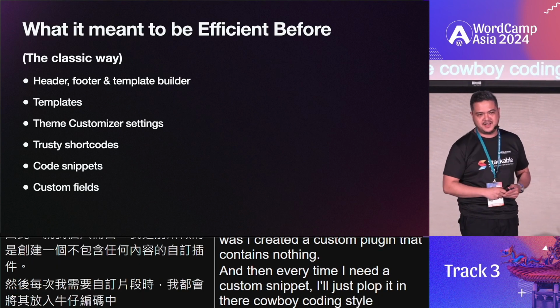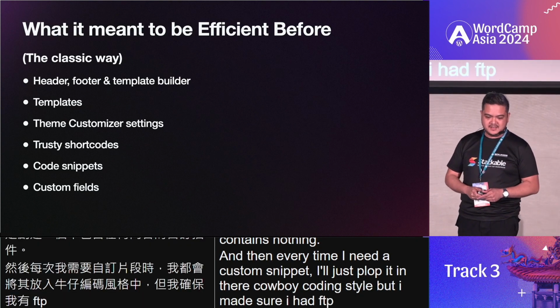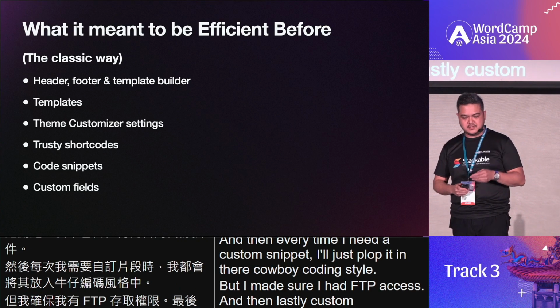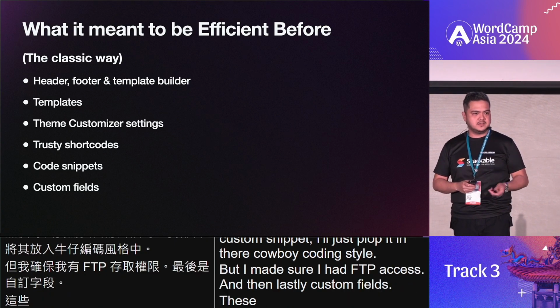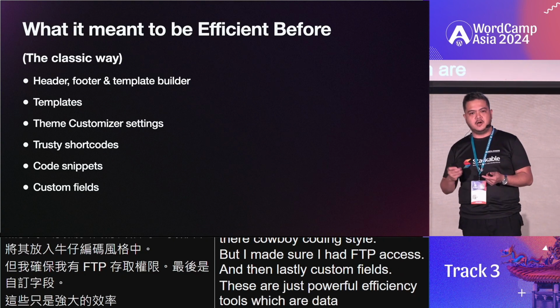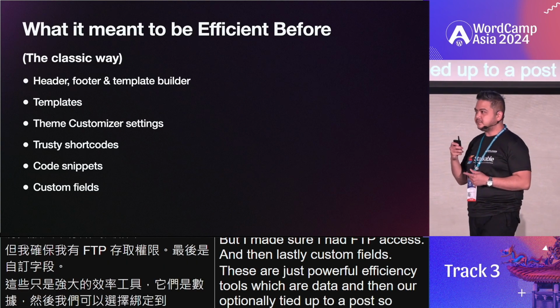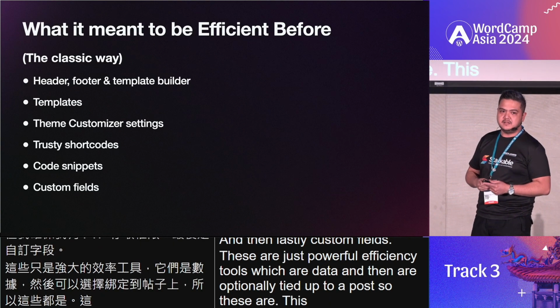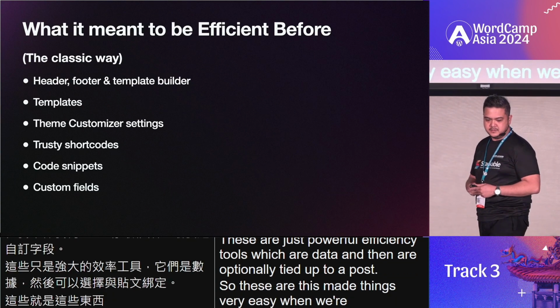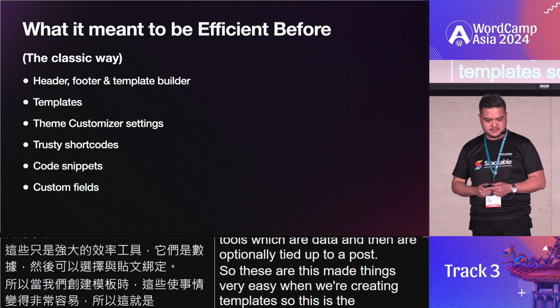But I made sure I had FTP access. And then lastly, custom fields. These are powerful efficiency tools, which are data that are optionally tied to a post. This made things very easy when creating templates. So this is the classic way of being efficient.